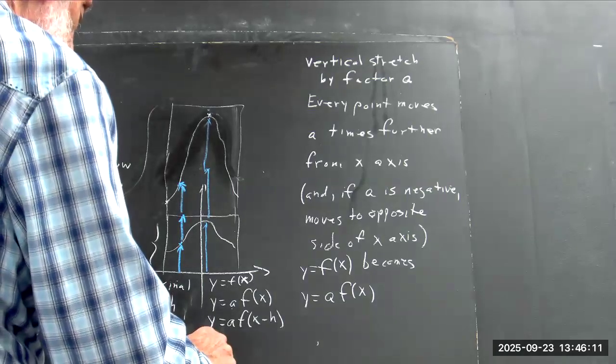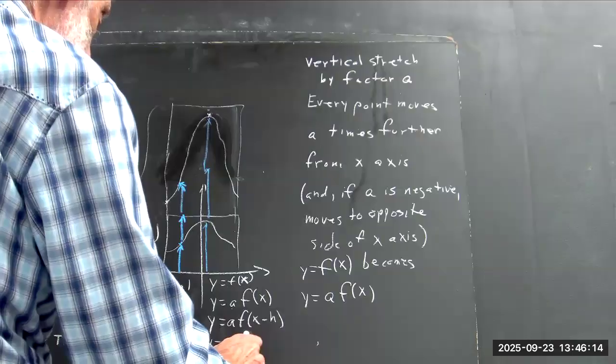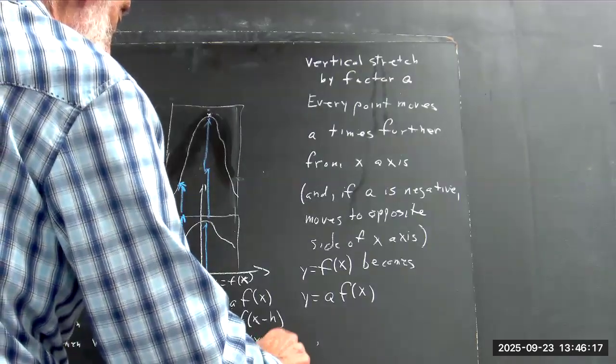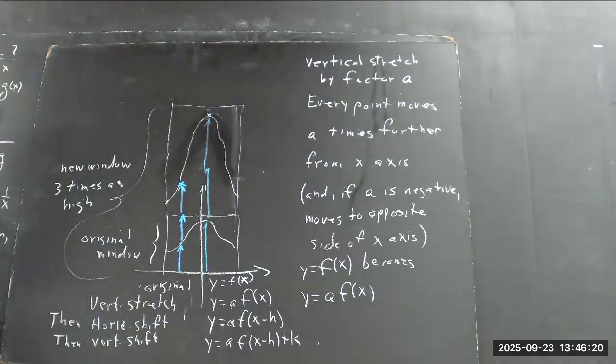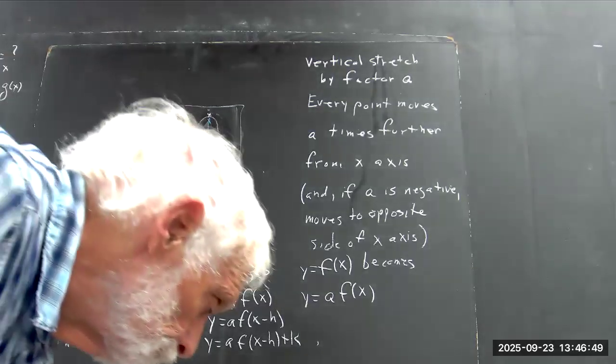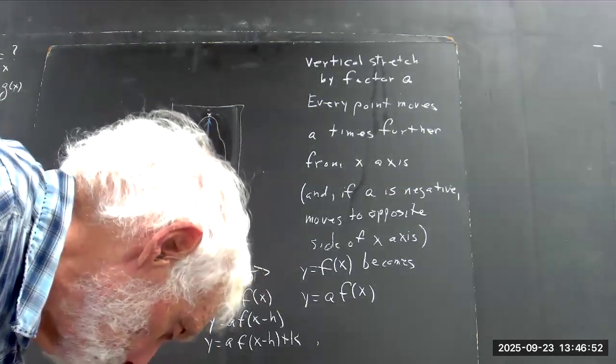Then a vertical shift: y equals a times f of x minus h, plus k. Those are the rules. Open Math will clarify those videos with the text, with examples, and you just apply the rules.